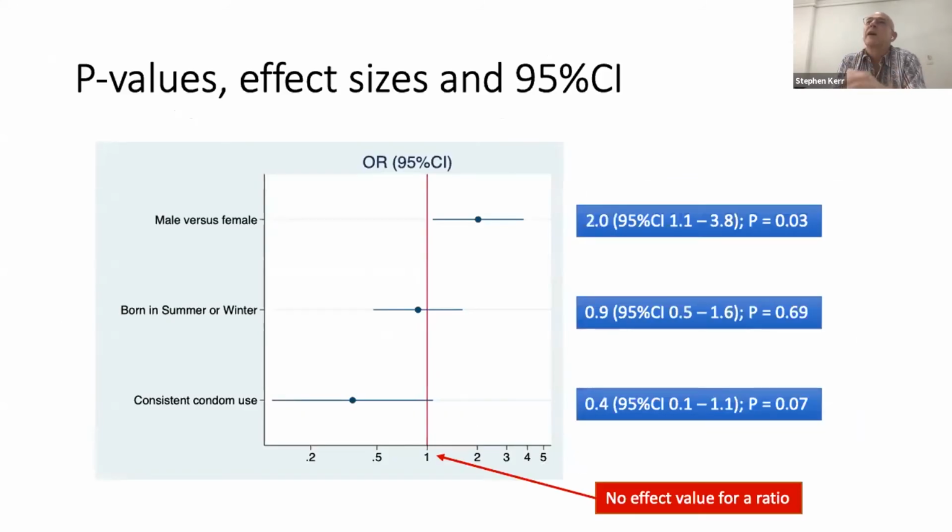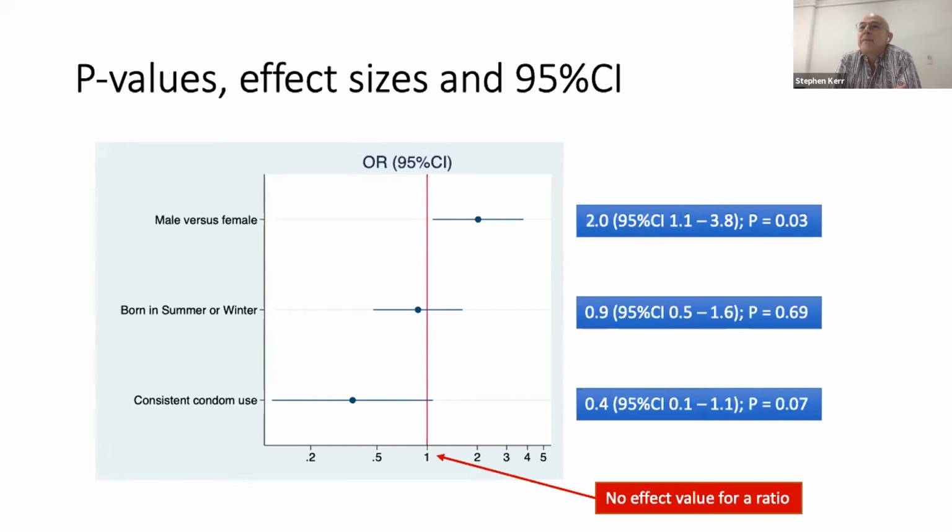Now, I just want to have a think about this, and again, some of these data are just made up. I'm using sex from the multivariate model and some other variables just to show you. So this is a plot of an odds ratio with an x-axis on a log scale. We've got the no effect value for a ratio of 1 shown as a red line.